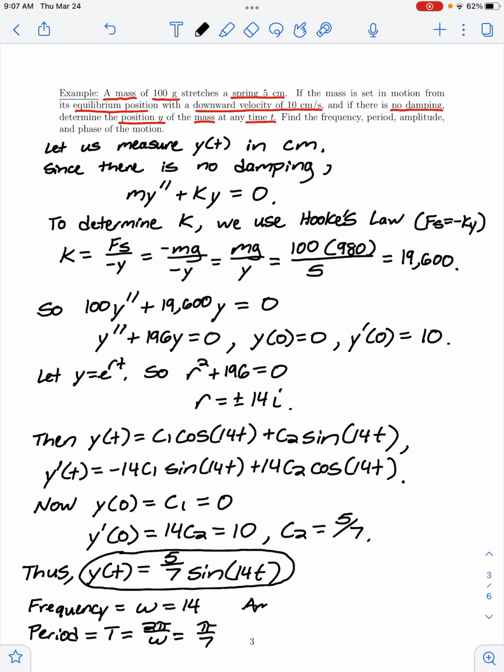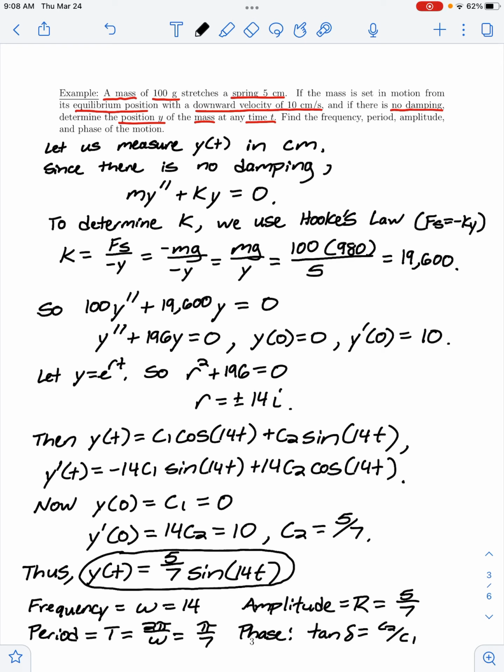Our amplitude, which we denoted as capital R. Well, we see here that our solution only involves this sine wave, so the amplitude of our sine wave, 5/7, is the amplitude R. And then our phase of motion is determined by tangent of delta equals C2 divided by C1.